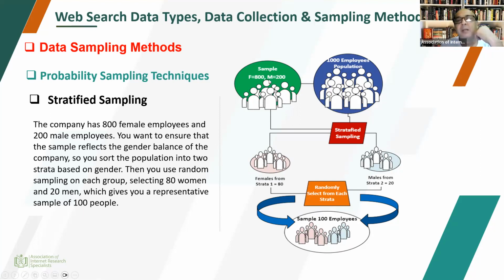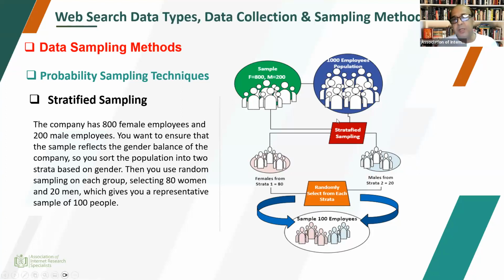Then there is this sample that you have to obtain that is representative of a population that maintains a specific kind of ratio between male and female.